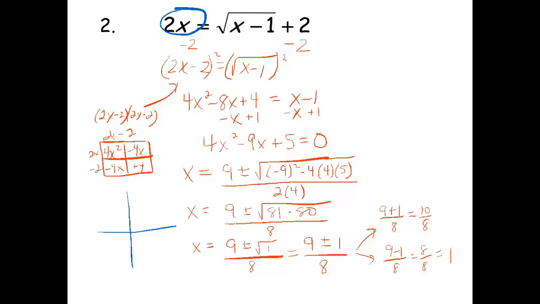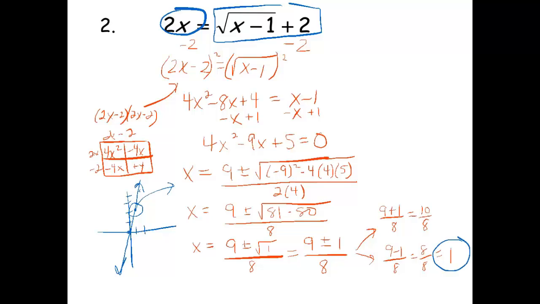So the graph of 2x goes through 0, 0, slope of 2. Looks like that. And then graphing the radical, that was moved right 1 and up 2, which looks like that. So you can tell they intersect right there at 1.